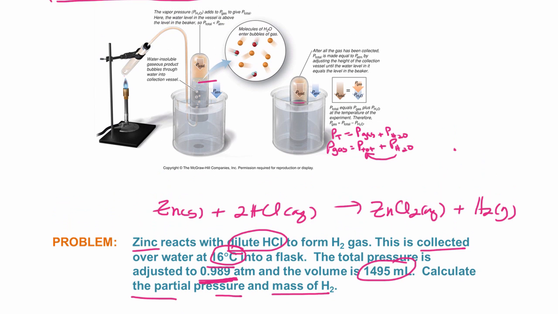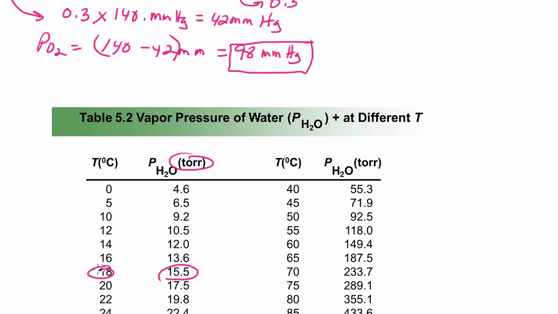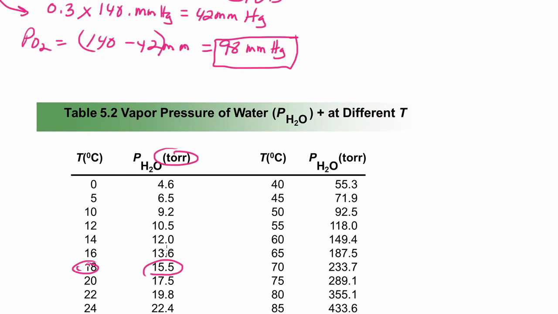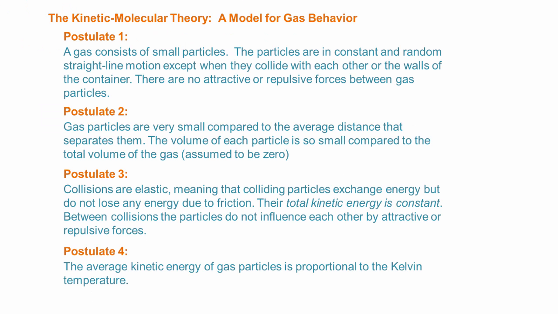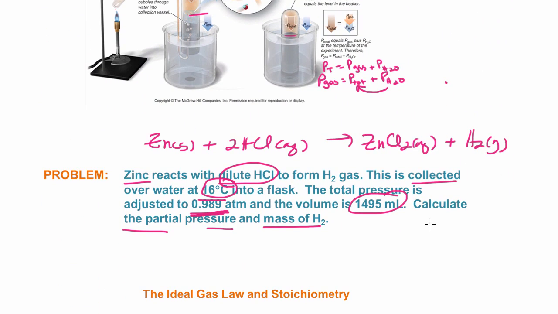So I showed you this table back here. So at 16 degrees, the partial pressure of the water vapor is 13.6 torr. So let's go back here. So 13.6 torr at 16 degrees. So what we need to do is convert that 13.6 torr to atmospheres.